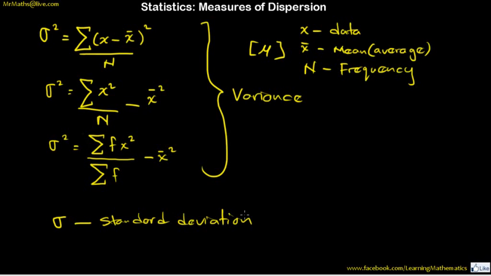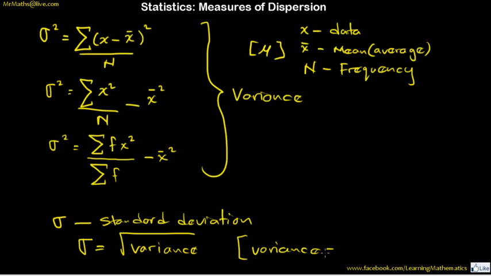In essence, standard deviation, or sigma, is equal to the square root of variance. Since variance is sigma squared, sigma is the square root of variance.